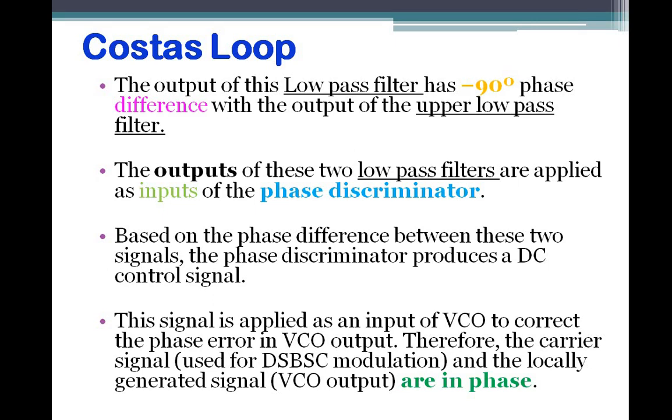That signal is applied as an input to the voltage controlled oscillator to correct the phase error in the VCO output, so it does not give any out-of-phase output. The VCO gets a proper phase at its output. Therefore the carrier signal used at the transmitter and the receiver will both be in phase.